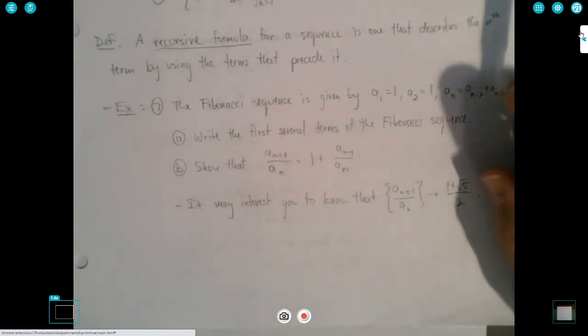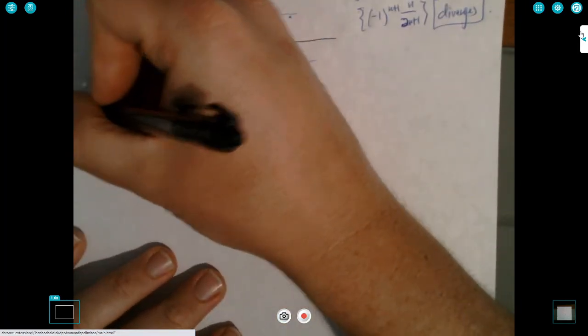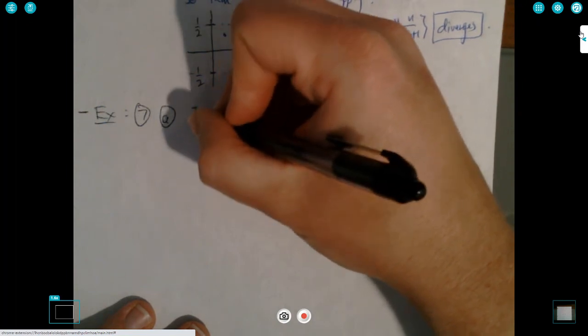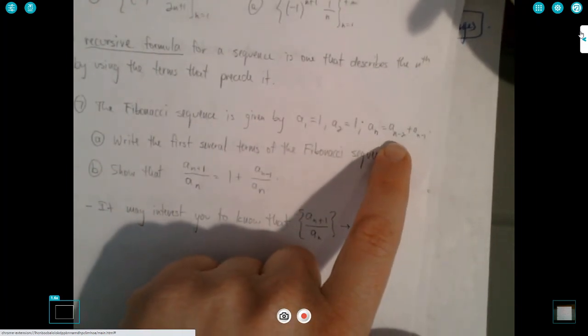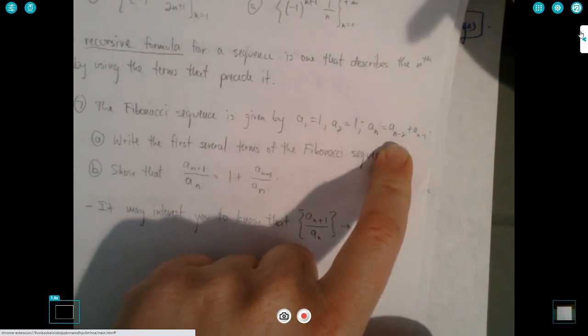So, for example, we can write down the first several terms of the Fibonacci sequence. The first term, like we said, is 1. The second term is 1. And then every term after that is the sum of the two before it.